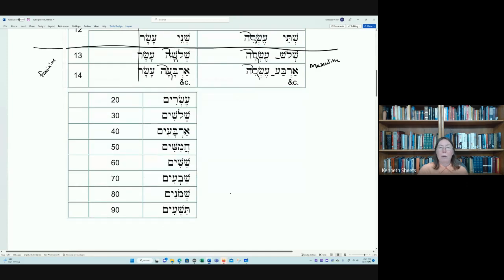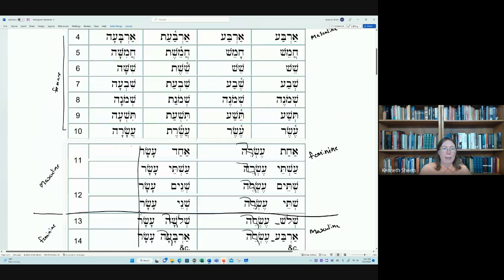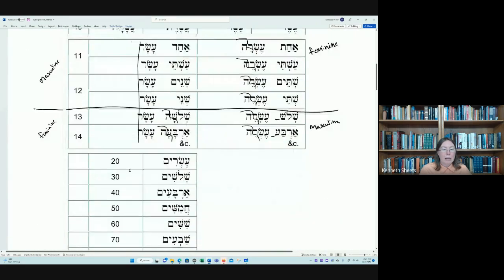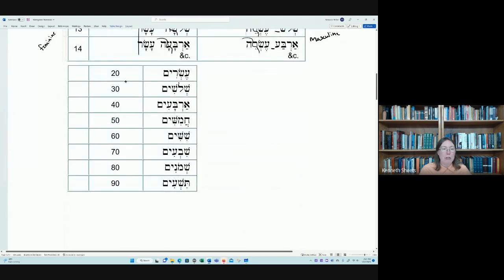Now, what about when we get into the other digits? Well, with these 20, 30, 40, 50, 60, 70, 80, 90, in essence, what they do is they go ahead and they take the ones and they make them plural. The primary exception to this being 20, where they've taken the word for 10 and they've pluralized it. So thus 20 would be esrim, so tens, two tens.